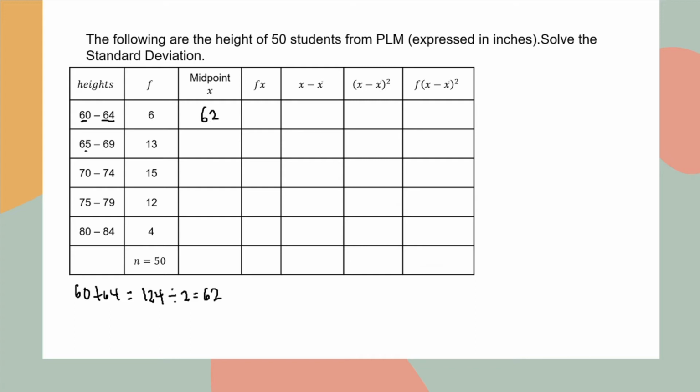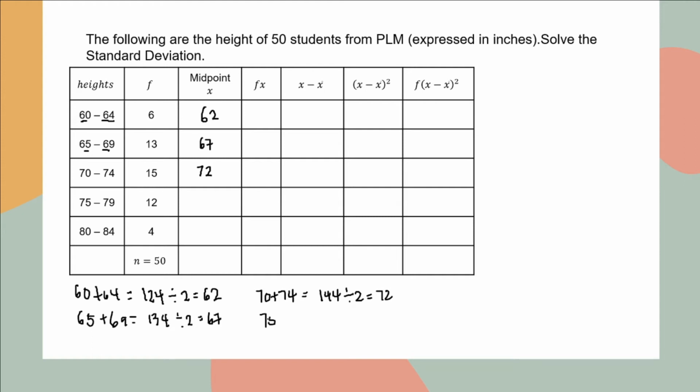Next, we have 65 and 69. So 65 plus 69, we have 134. Divided by 2, we have 67. Next, we have 70 plus 74. So we have 144. Divided by 2, we have 72.